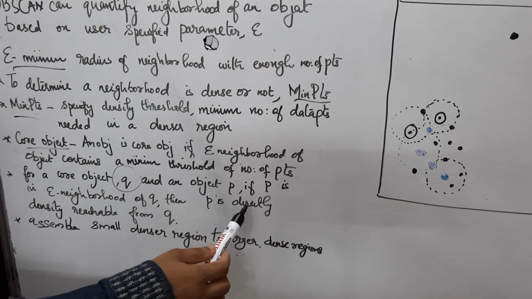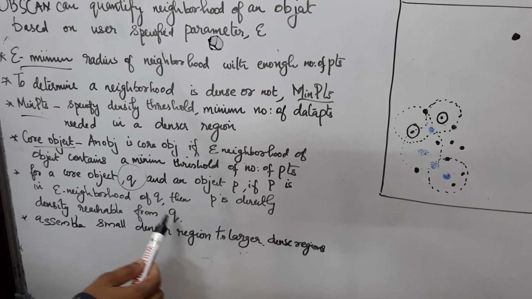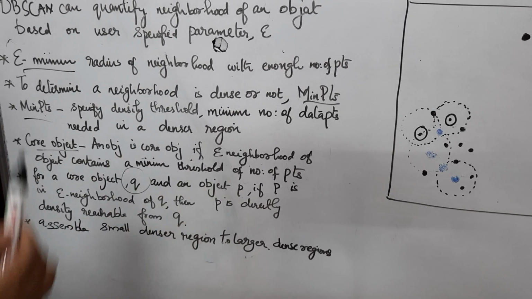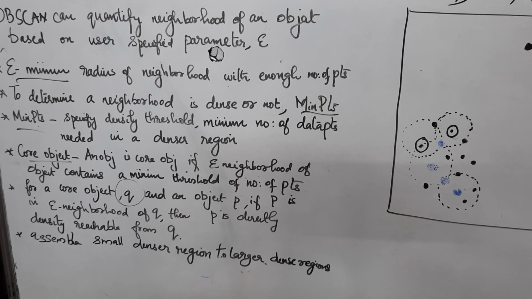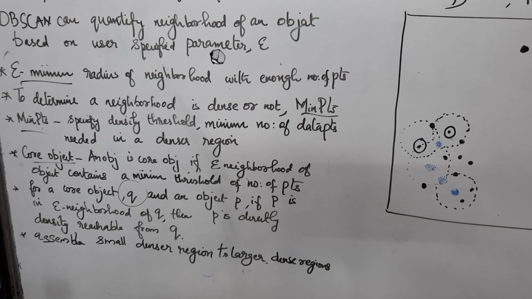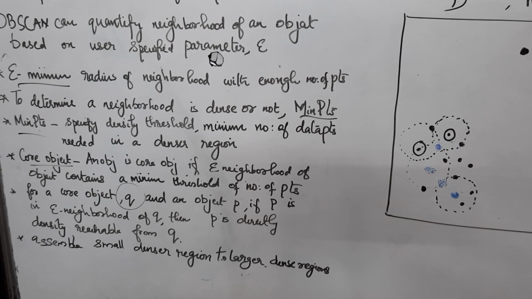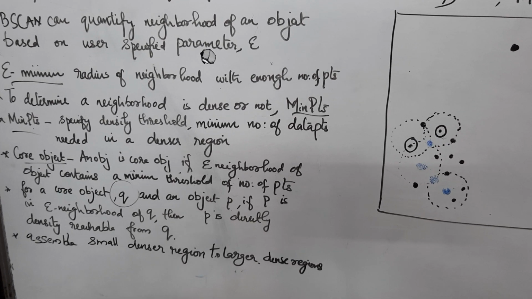So if a normal object is directly density reachable from a core object, then we can include this normal object in the cluster. It can be taken as a dense region. Thus we can assemble all small denser regions into a larger denser region.